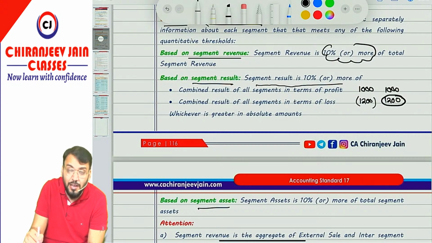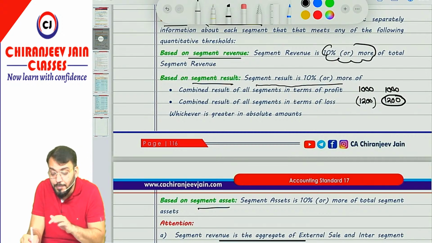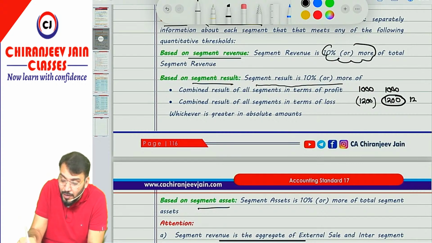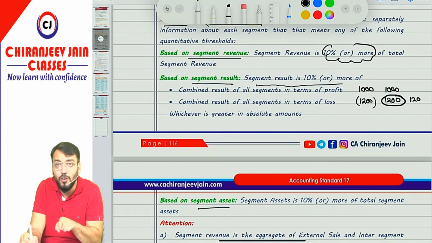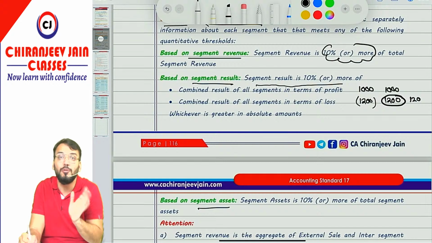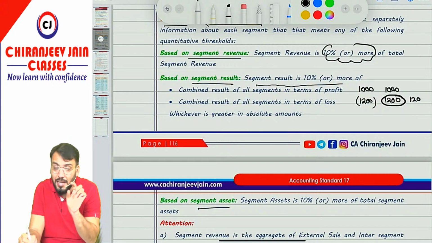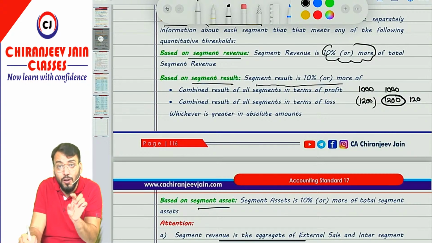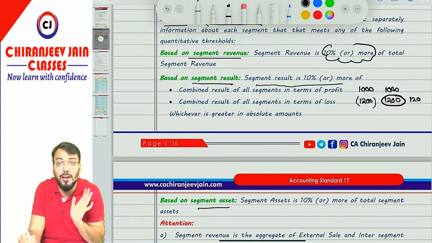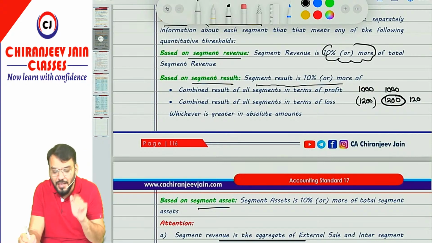Now we need to find out 10% of 1200, so that becomes 120. Any segment profit or loss which is more than 120, either profit more than 120 or loss more than 120, will become a reportable segment. I will take one question to explain this point again.